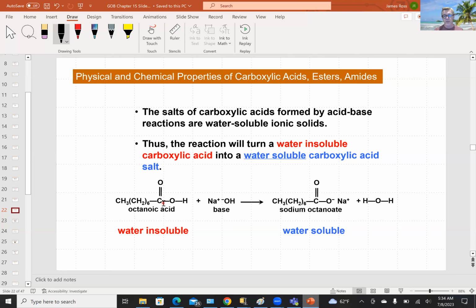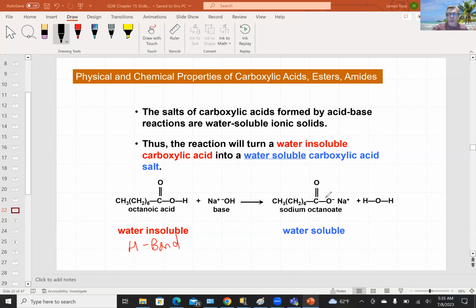So what changed? Well, on the left, ignoring the fact that there's a tiny bit of ionic nature to the carboxylic acid, by far the most representative intermolecular force is the hydrogen bond, which is strong, but there's something stronger.